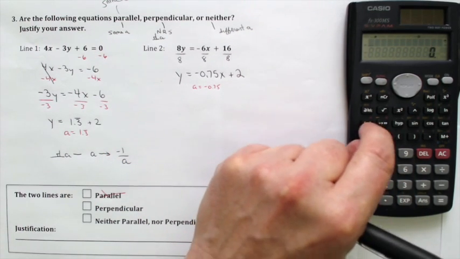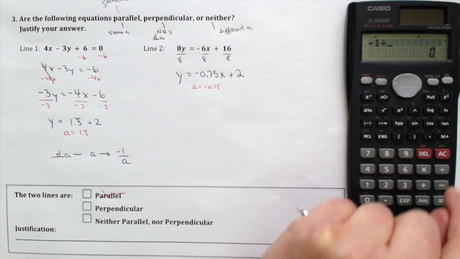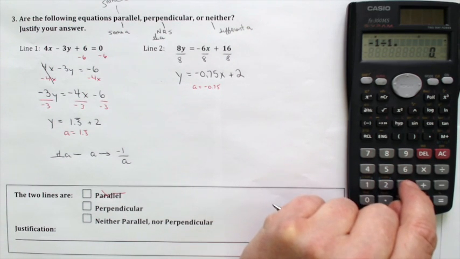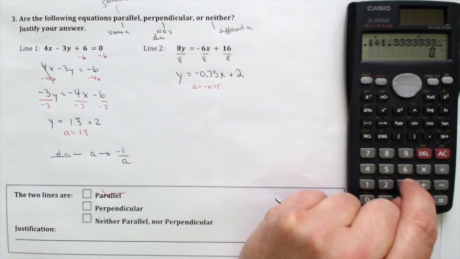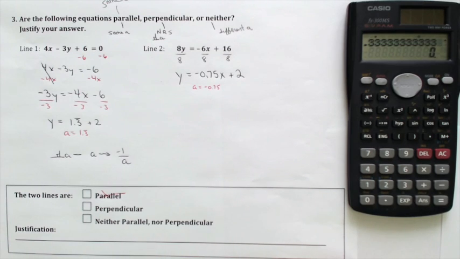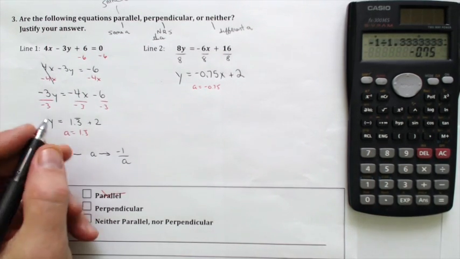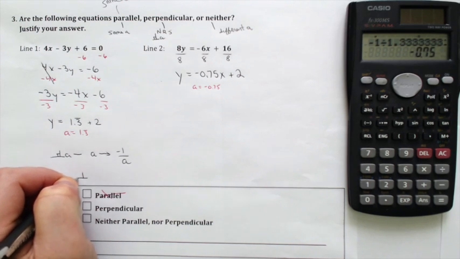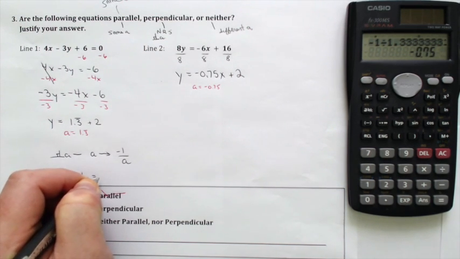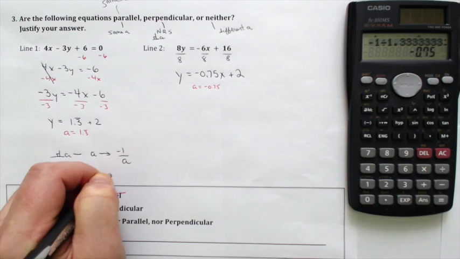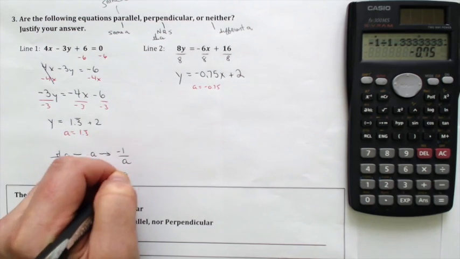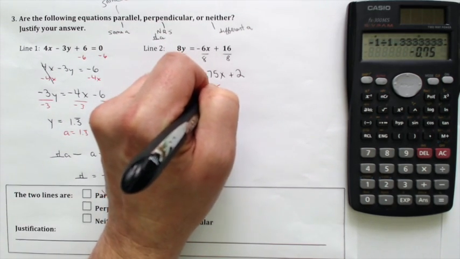So negative 1 divided by 1 point, and now this is important. You want to put as many of those 3's in there as you can. And that's going to come to negative 0.75. So my perpendicular A is equal to negative 0.75. And you could see that it's the same now.